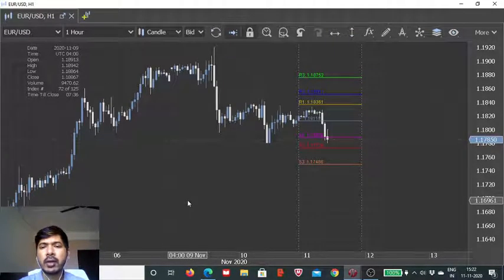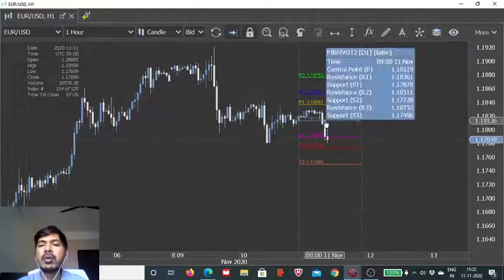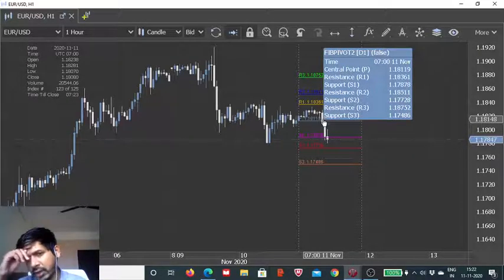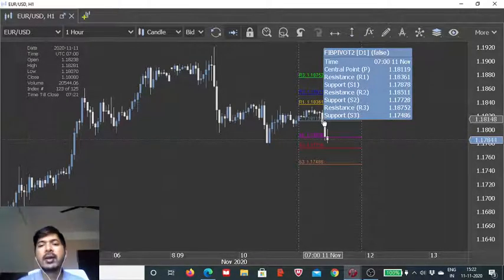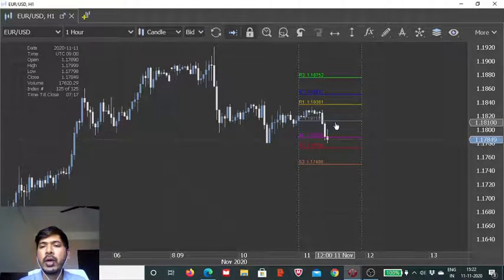Now looking at its use, we mostly use this indicator, as I said, to find the trend. Whenever the underlying price action is happening above this central pivot point, it is generally considered bullish, and when the price action is below this central pivot point, it is considered bearish, and then all these 3 support levels come into play.